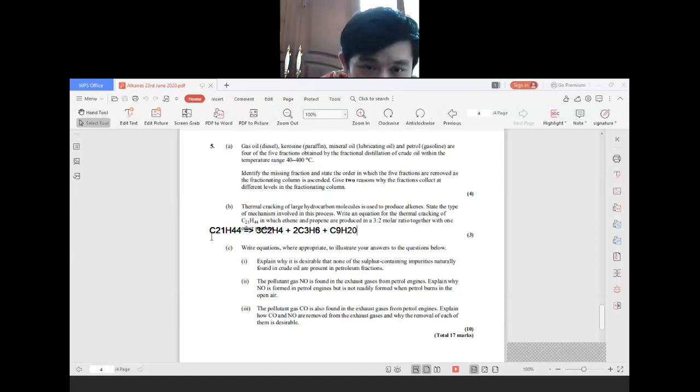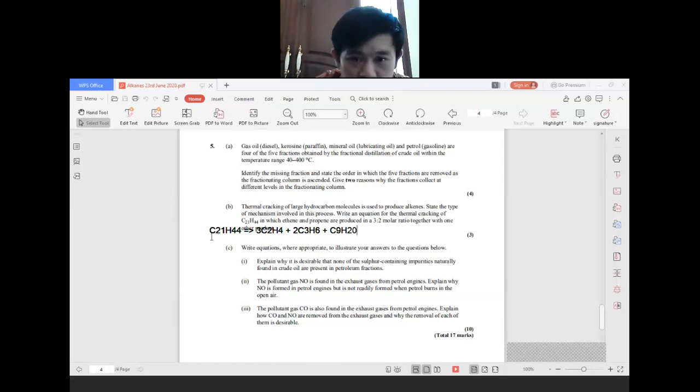And then C2, the pollutant gas nitrogen monoxide is found in the exhaust gases of a petrol engine. Explain why nitrogen monoxide is formed in a petrol engine but not readily formed when petrol burns in the open air. Nitrogen monoxide is formed because around 79% or 80% of the air is nitrogen.